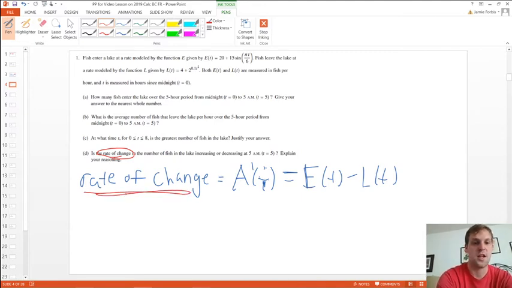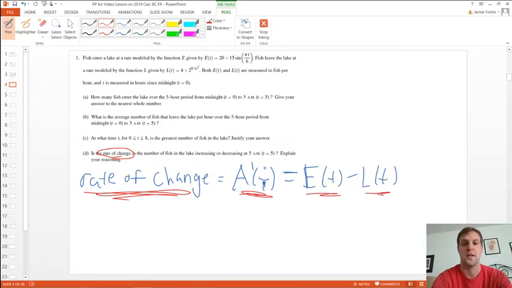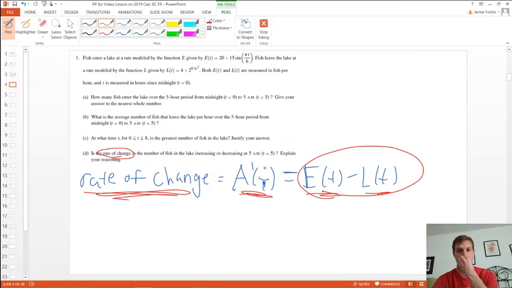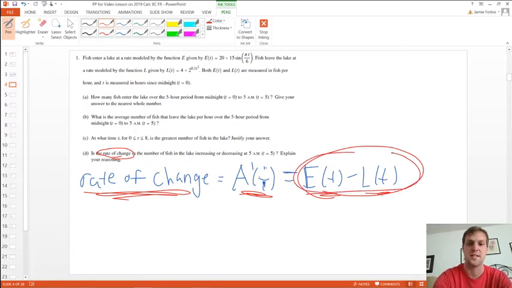So the rate of change is equal to A prime of t, which is E of t minus L of t. It wants to know, is this increasing or decreasing? Well, how do I determine that? I'm going to take this equation and take the derivative of it. To determine if a rate of change is increasing or decreasing, we see if the second derivative is positive or negative.